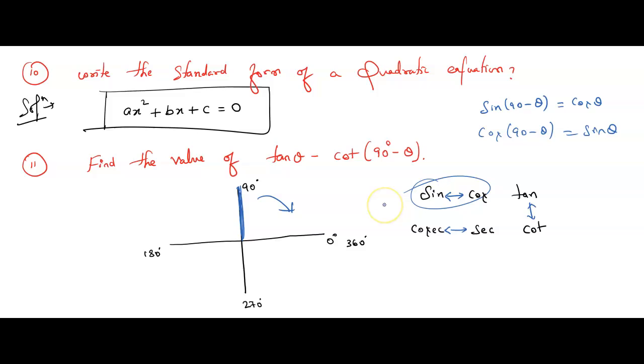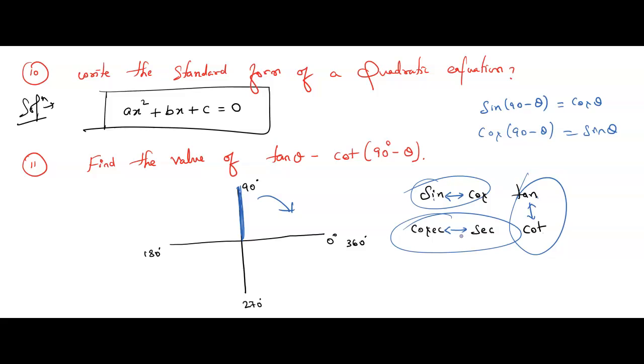Tan of 90 minus theta is cot theta. Cot of 90 minus theta is tan theta. Secant of 90 minus theta is cosecant theta. Cosecant of 90 minus theta is secant theta. So these are called complementary angles.